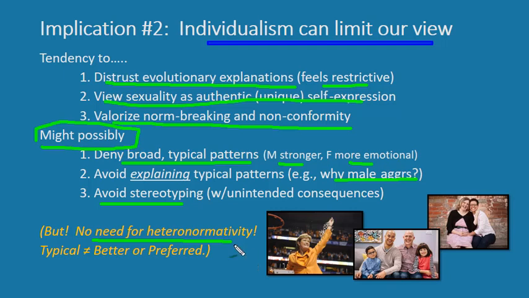To put that in fancy terms, there's no need for heteronormativity, where we say that these more typical patterns, in other words, straight or whatever you want to call it, are somehow better. Typical does not mean better or preferred.